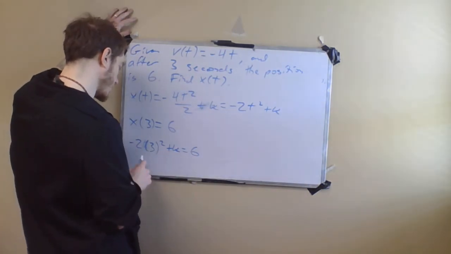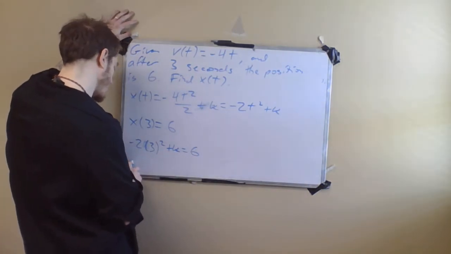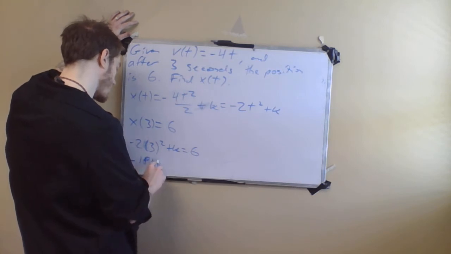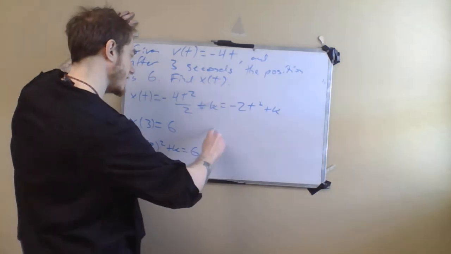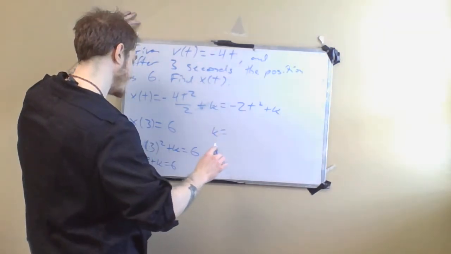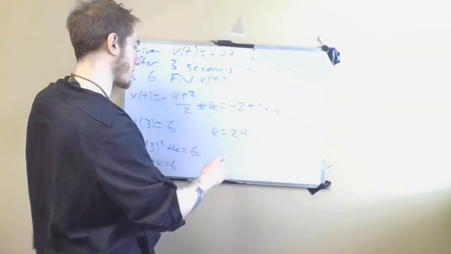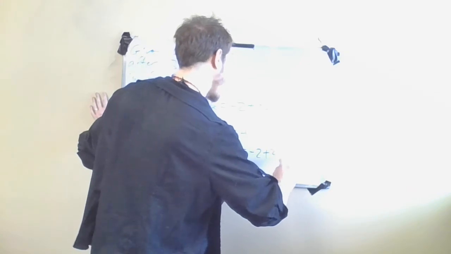So what is this going to give me? This is going to give me negative 18 plus k equals 6, and that gives me k is equal to 24. So we end up with x of t equal to negative 2t squared plus 24.